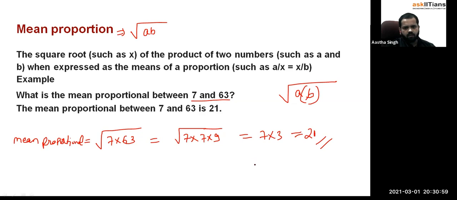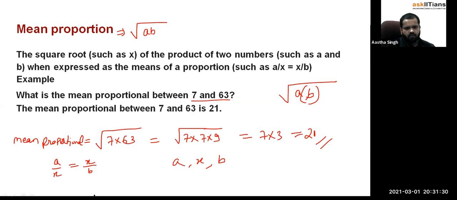How does it come? If two numbers are there and we are finding the mean proportion, we take some x. We have to find an intermediate value between A and B such that the ratio is the same: A upon x equals x upon B. It is basically a GP, geometric progression; we'll study it later on.